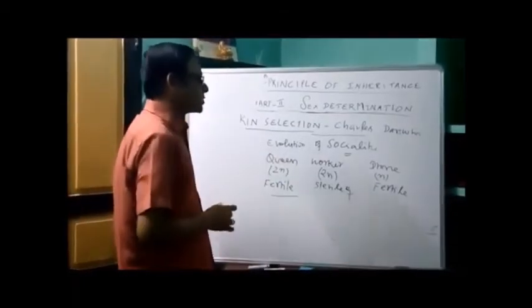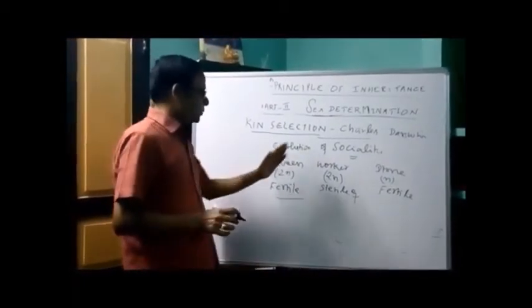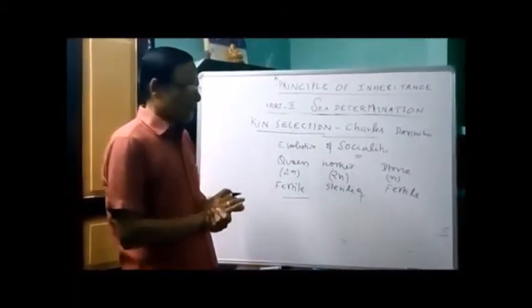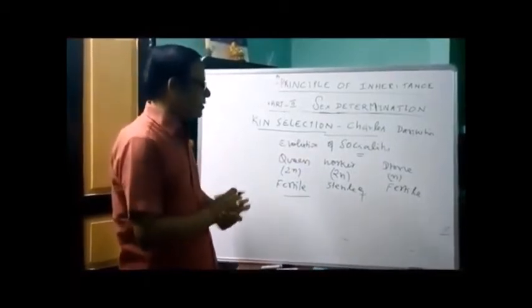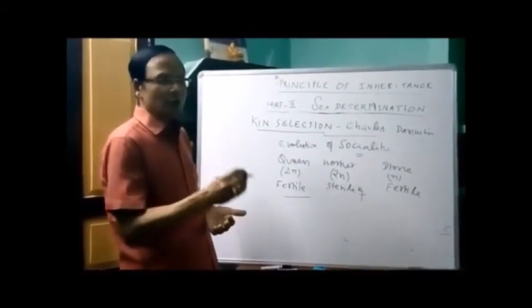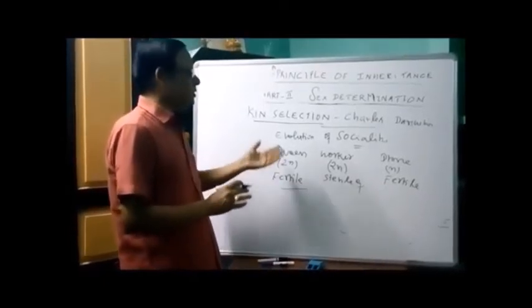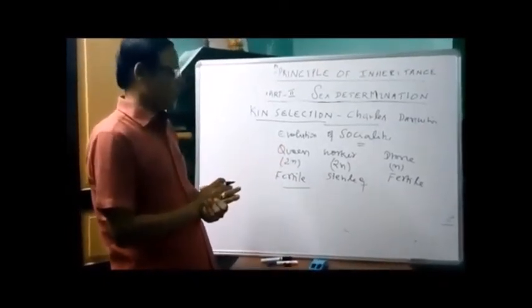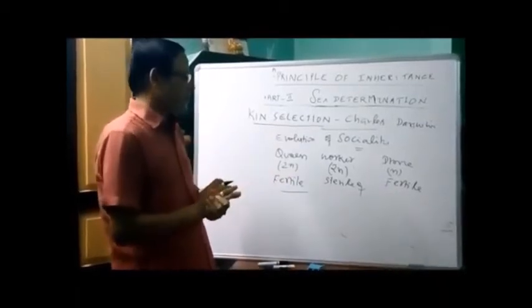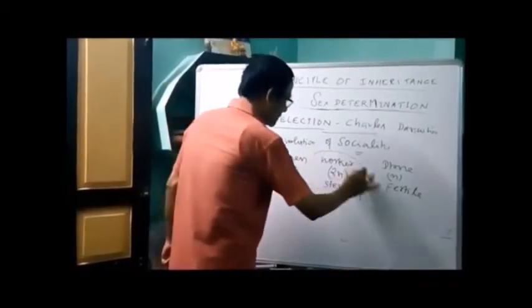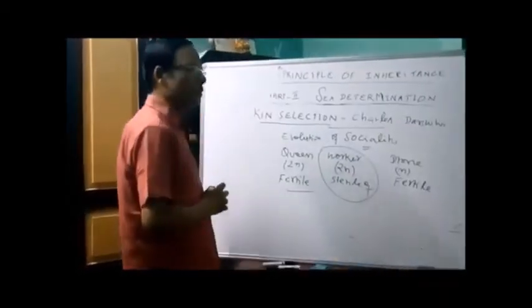Now this is what is called evolution of sociality. A group of individuals living together in a cooperative manner where there is a division of labor. Each one is performing a particular function. The queen bee is responsible for the laying of eggs after fertilization. Now what is the role of workers or sterile females?